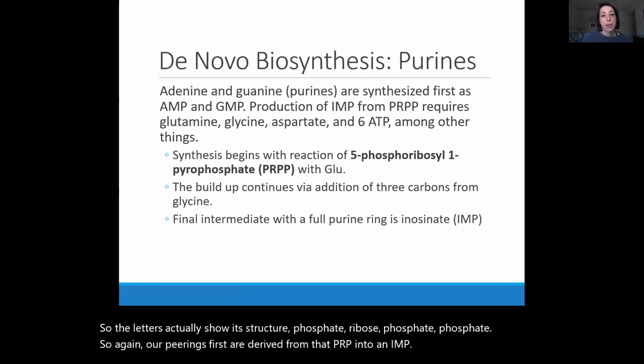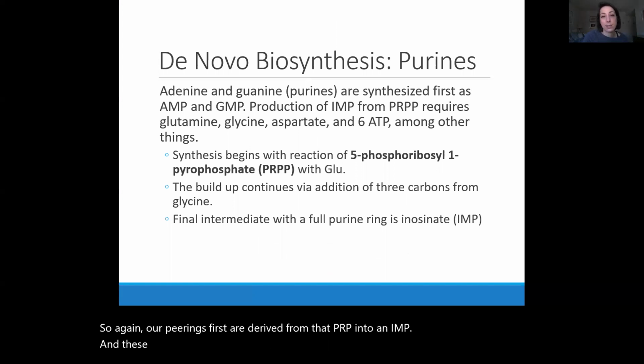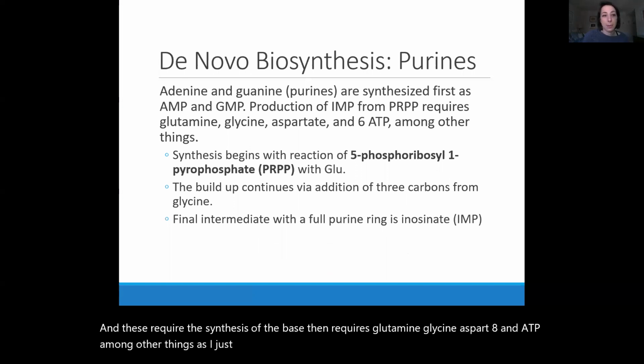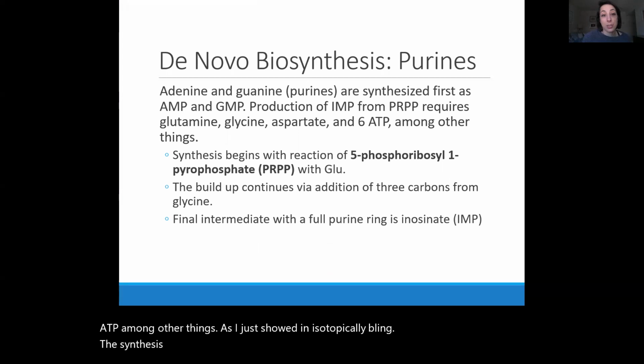And these require, the synthesis of the base then requires glutamine, glycine, aspartate, and ATP, among other things, as I just showed in that isotopic labeling. The synthesis begins with a reaction of our PRPP with glutamine.